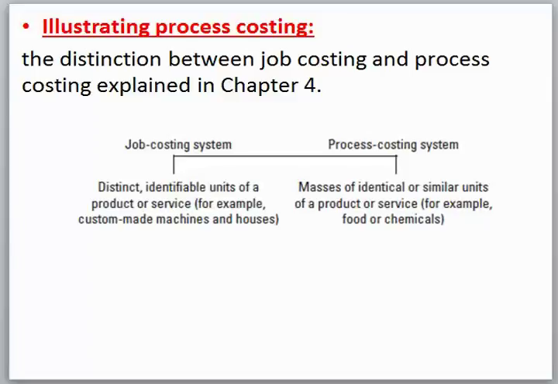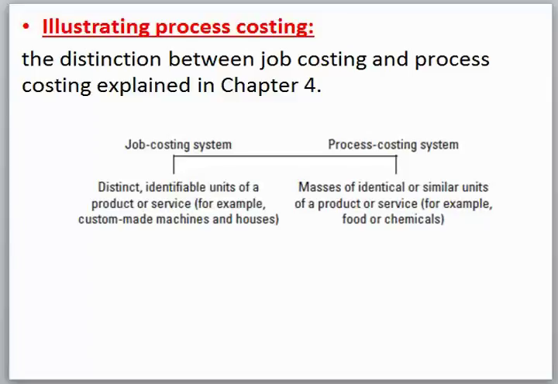The distinction between job costing and process costing was explained in chapter 4. A job costing system is based on distinct, identifiable units of a product or service, for example custom-made machines and houses.